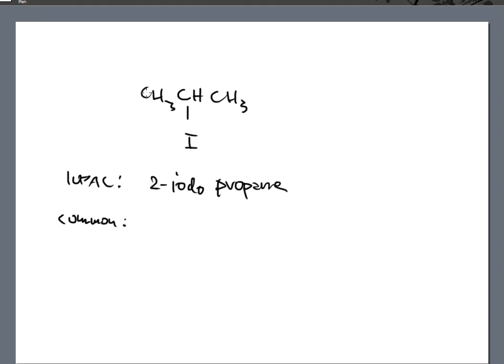And I can probably get across the common name a little bit better if I draw this a different way. CH3, CH with an I, and here we have a kink of a CH3. Notice this I is in the middle of this longest carbon chain, and here if I give you this kink with the I still in the middle, I think that you would tell me that this would be called the iso unit, right?